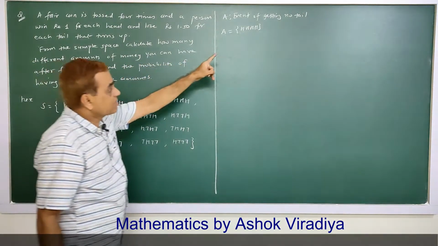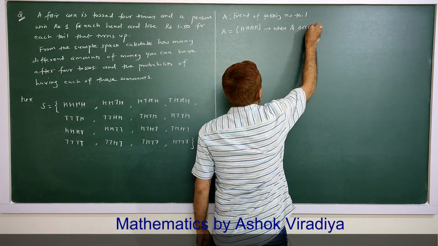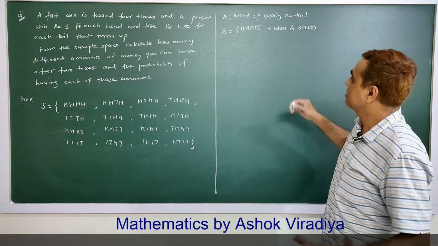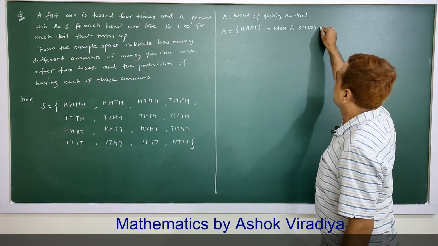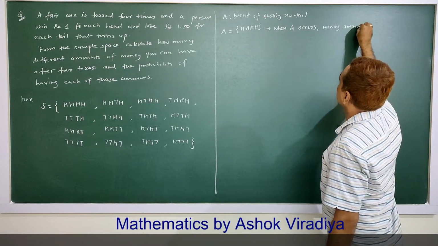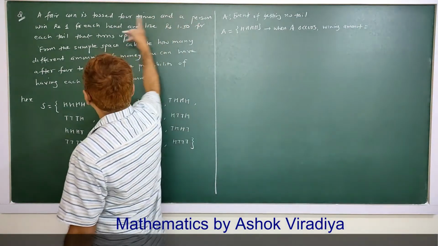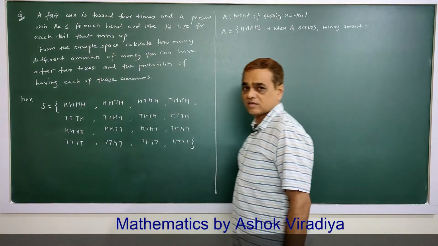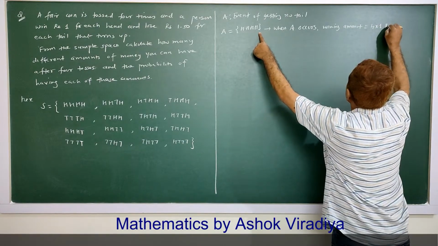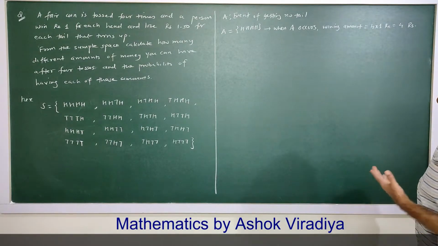So when this event occurs, winning amount is, on every head the person wins ₹1. So 4 times H, that is 4 into 1 rupee. So that is 4 rupees. The person wins ₹4.